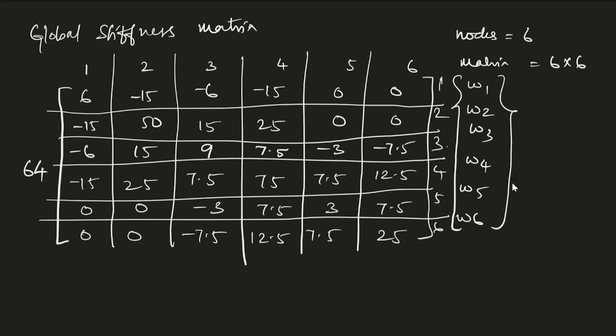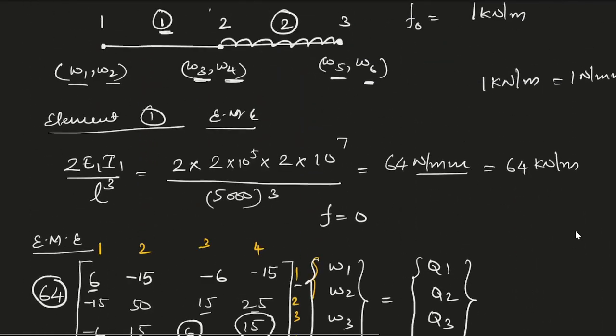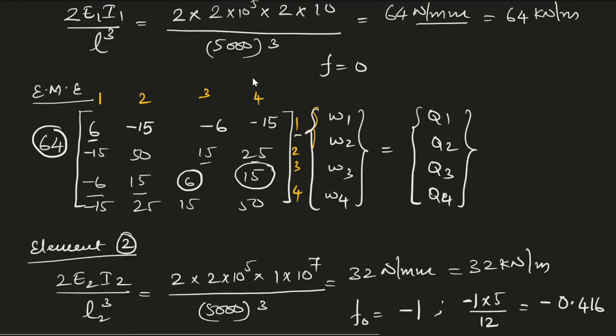So this is equal to, we have a load matrix. Okay, so the load matrix is again 1, 2, 3, 4, 5, 6. If you see over here, in the first element we don't have any load, so the entries 1 and 2 will be 0 for the first element.